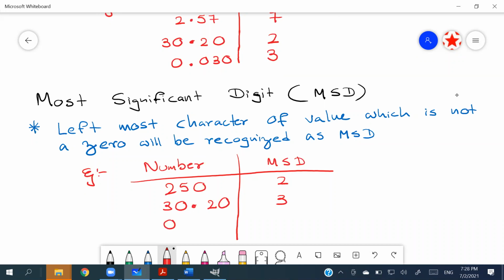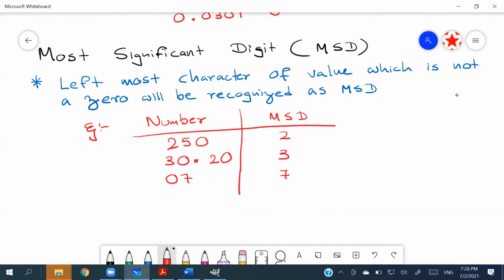If we are going to take 07 as the number, the most significant digit is going to be 7, the leftmost value which is not a 0, right? And if you take, let's say, 6, just 6, MSD is going to be 6.